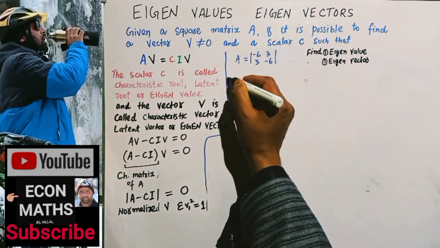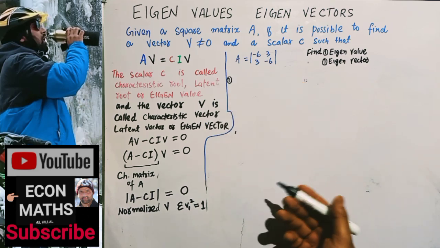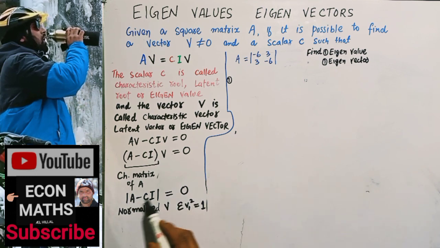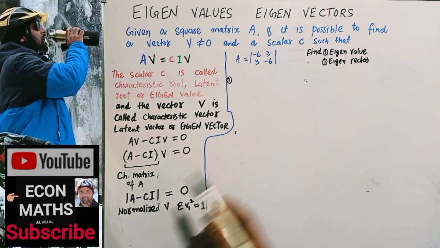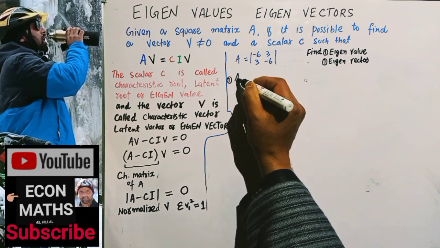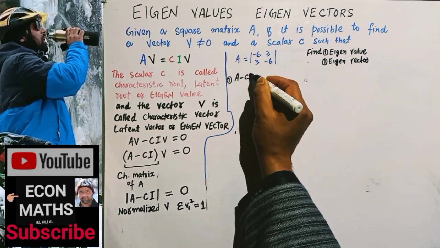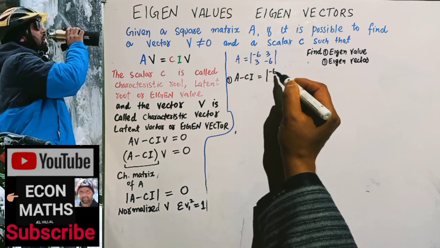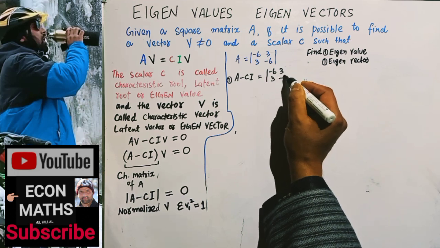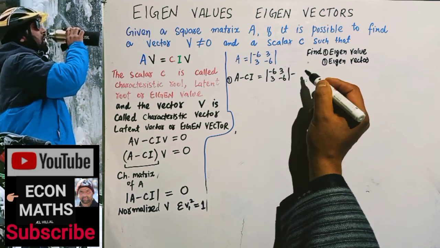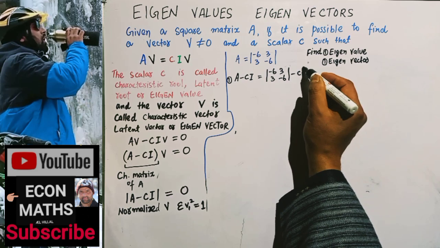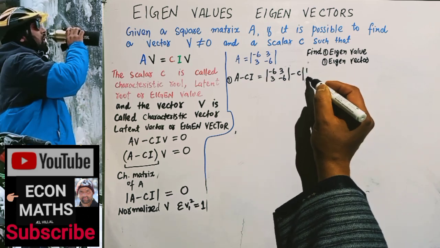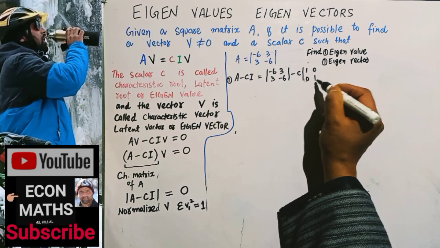So how do we find the eigenvalue? First, we form the matrix A minus CI. A is minus 6, 3, 3, minus 6, then we subtract the scalar C times I, where I is the identity matrix 1, 0, 0, 1.